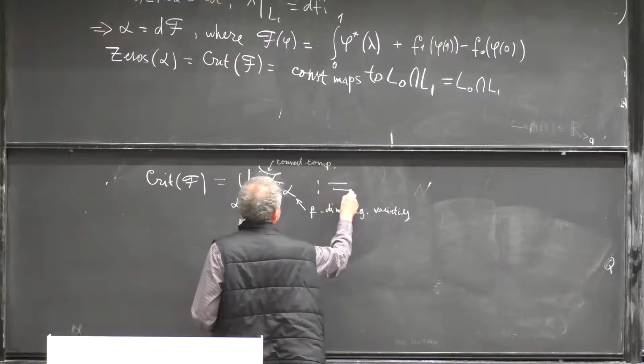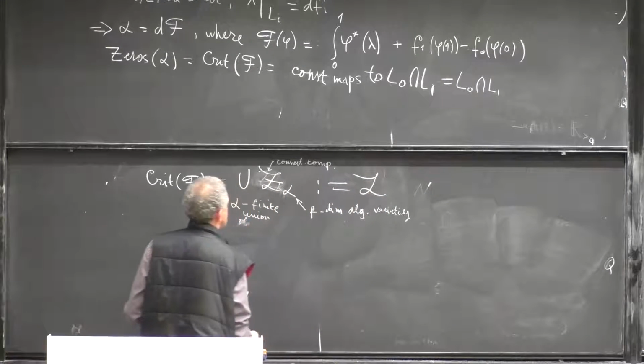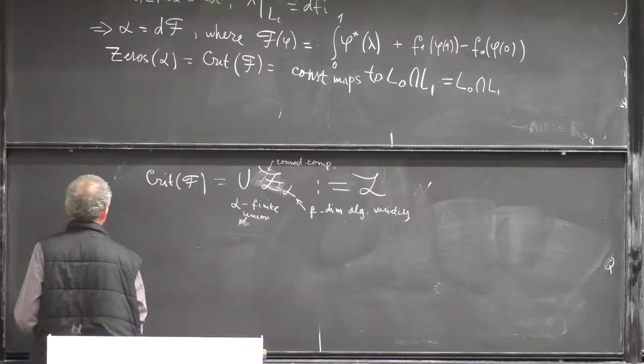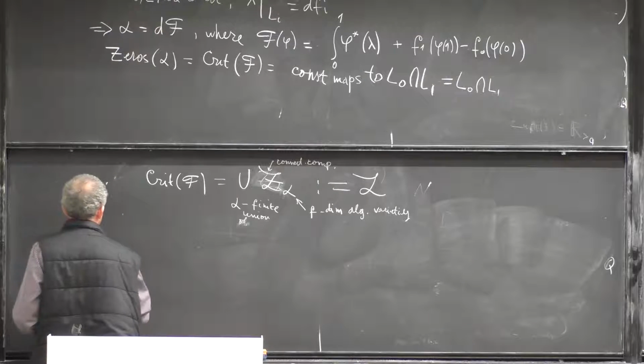Let's call this union Z, so it's still a finite dimensional manifold.